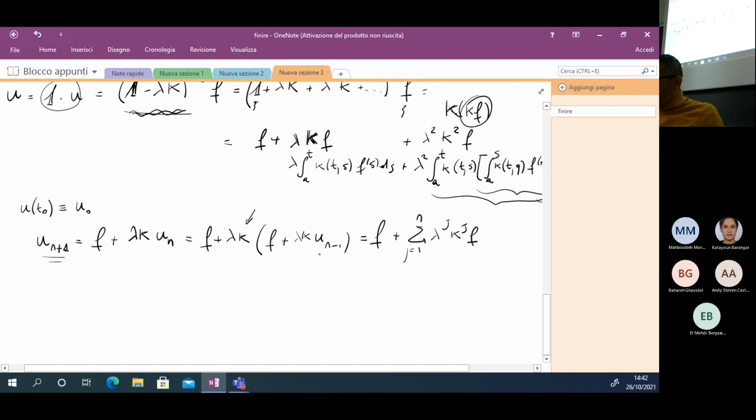Because any time you develop these terms, you will get lambda kappa f, lambda kappa f, until the end. So if you do this procedure until the end, you get an expression like this one.